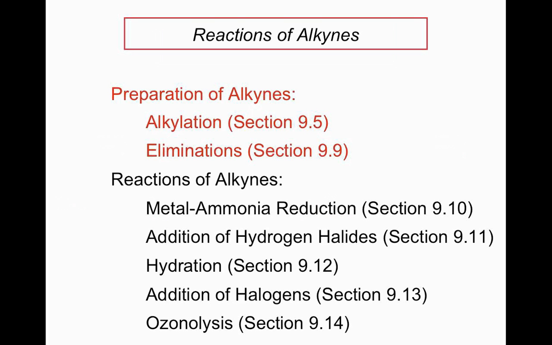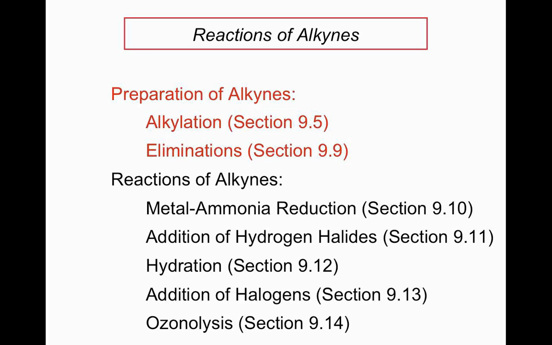So, given that we know that alkynes are acidic, there are several different types of reactions that we want to introduce in this chapter. Although this looks like a lot of reactions together on one slide, notice that I've separated them into two different types of reactions. One is the preparation of the alkyne functional group itself, and the second set are reactions of the alkyne functional groups with other reagents.